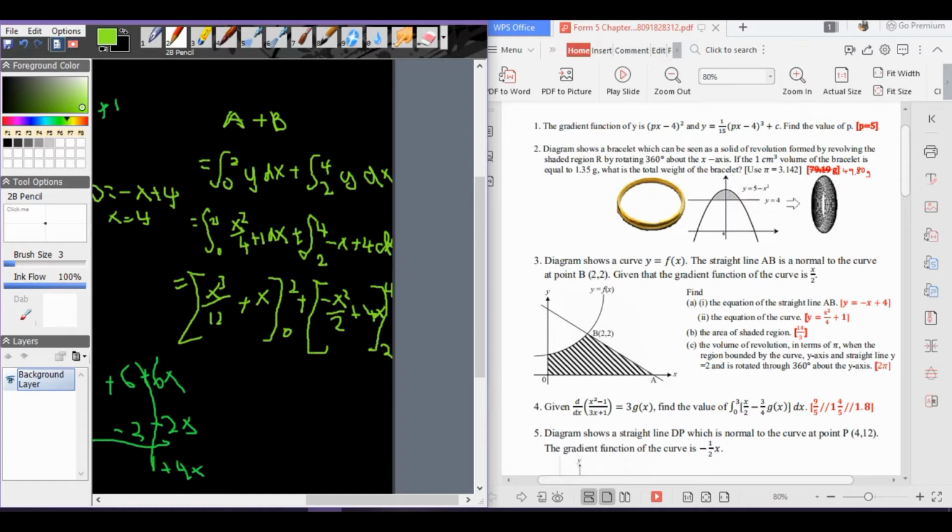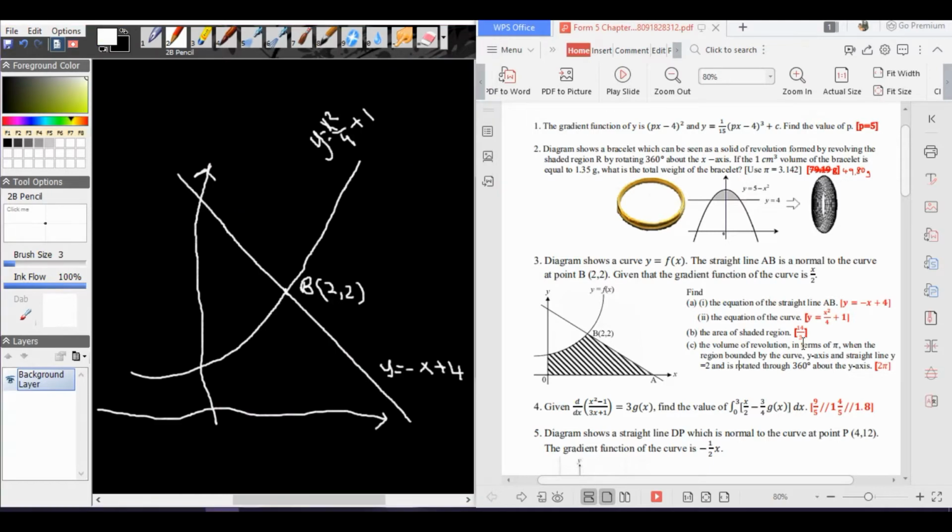Okay, so you substitute 2 into x here. Then you will get the value 8 over 3 plus substitute 4 into x here. Substitute 2 into x here. Then you will have 2. So 8 over 3 plus 2. The answer will be 14 over 3. And this is area, so the unit is unit square.